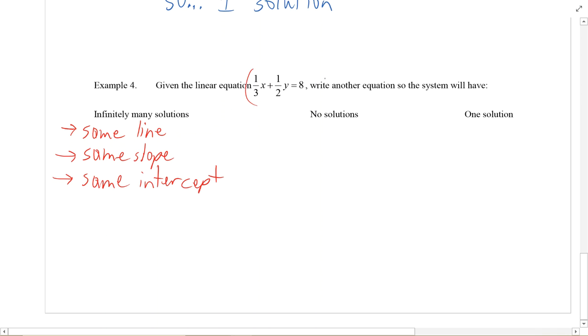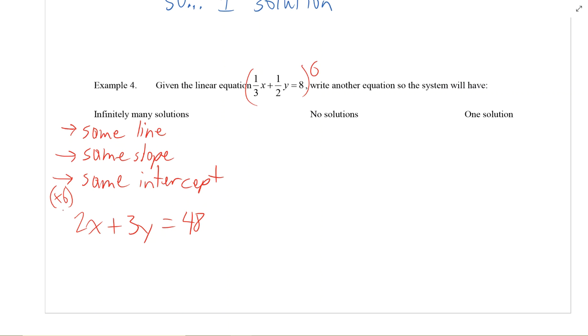So if you took this equation and multiplied it to get rid of your fractions, what number would you multiply by? So multiply it by 6. If you multiplied it by 6, you would get something like 2x plus 3y equals 48. All you did is you times it by 6, and you have the exact same equation. So you get infinitely many solutions. Okay.